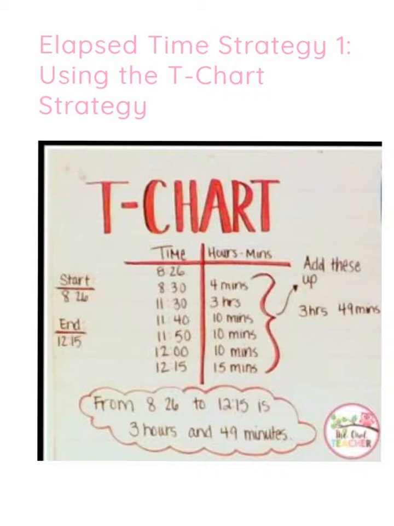So for instance, looking at the picture, you can see I went from 8:26 to 8:30, and that is 4 minutes. So I wrote 4 minutes on the right side. I continued to do this and added up the right side to get the total elapsed time.